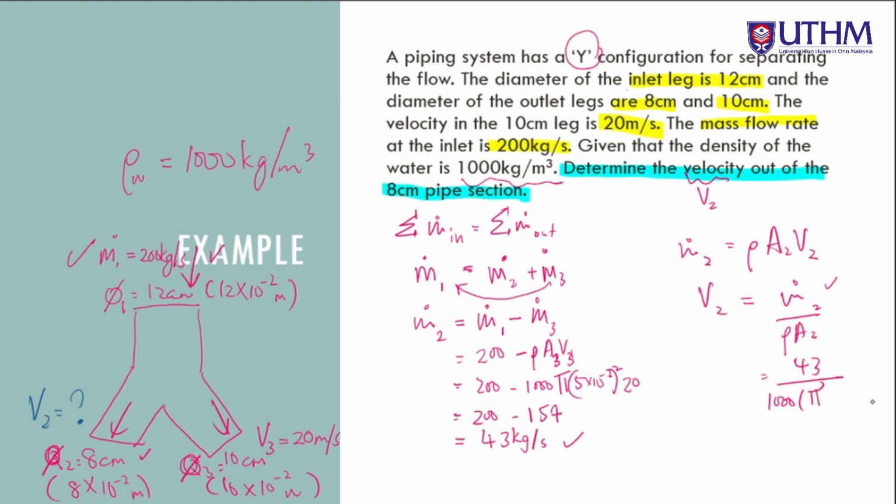R is 4 times 10 to the power negative 2, squared, and this will give, wait a moment, okay, V2 we will get around 8.55 meter per second.